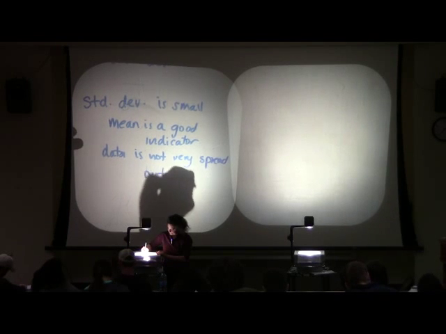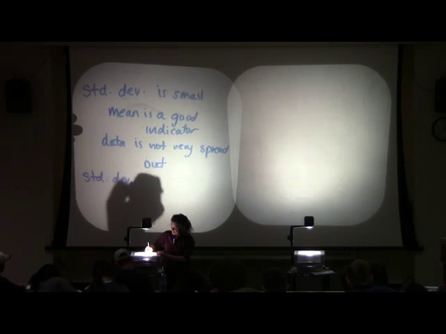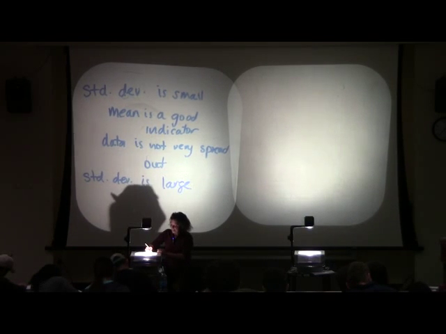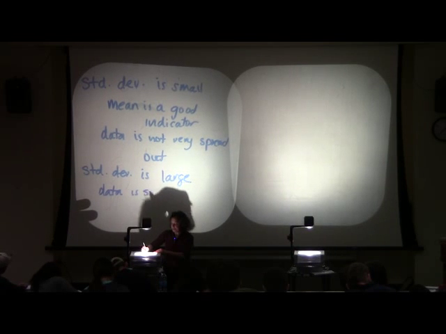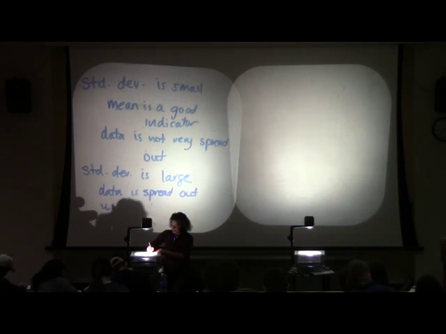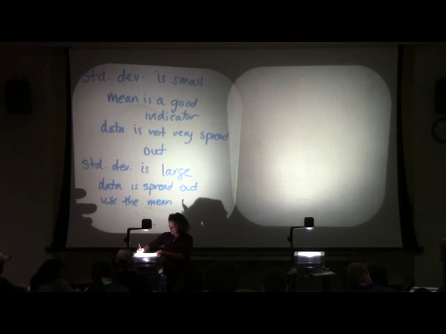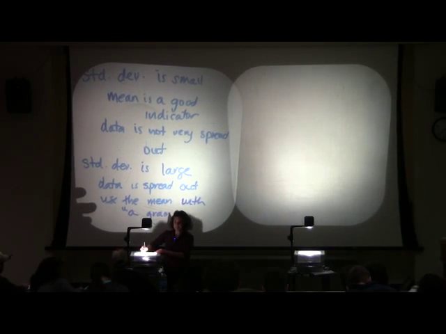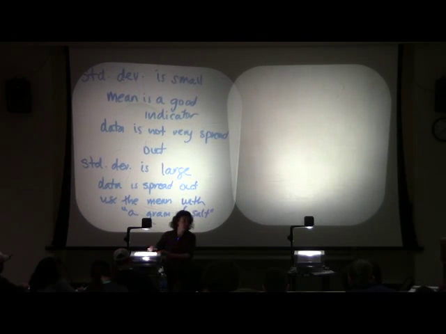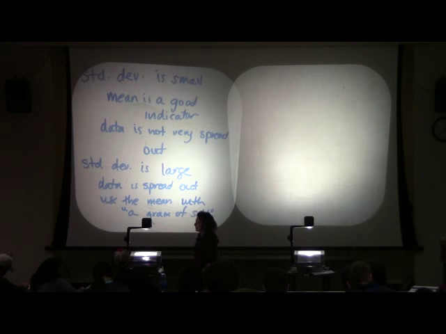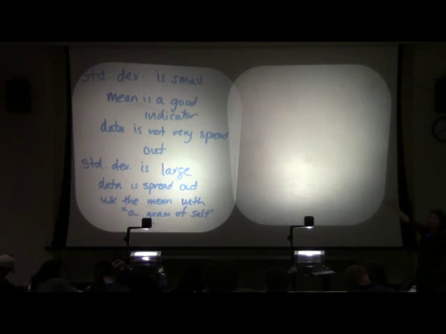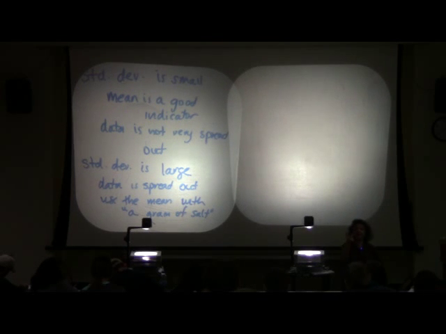In some situations, a standard deviation might be absolutely enormous, where in other situations, a standard deviation of 5 might mean that you've got really tight data.